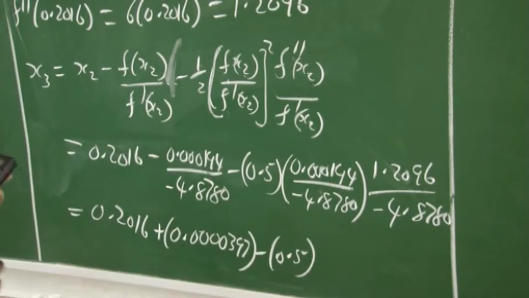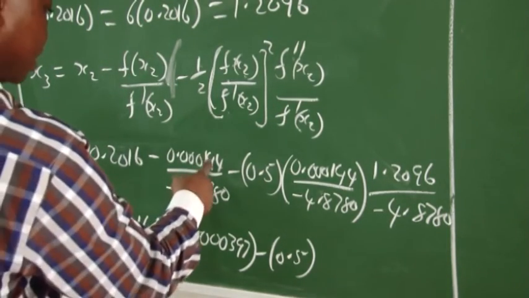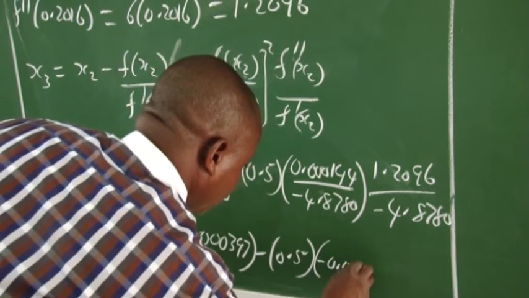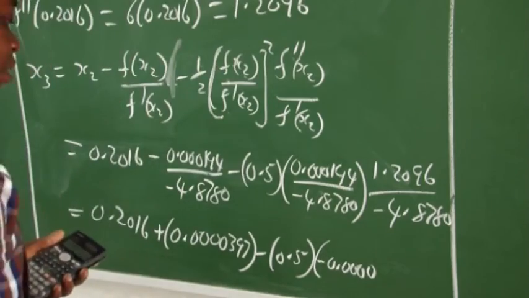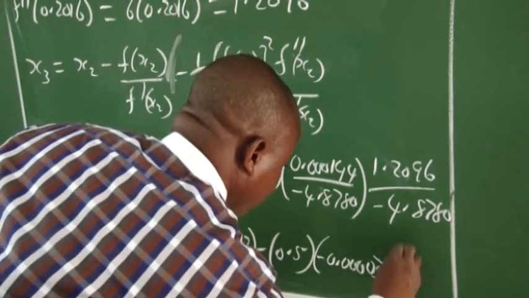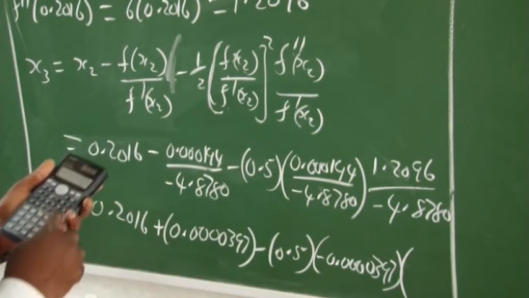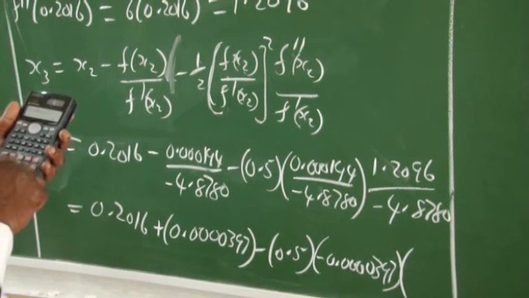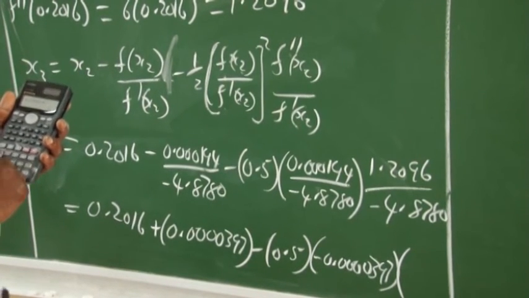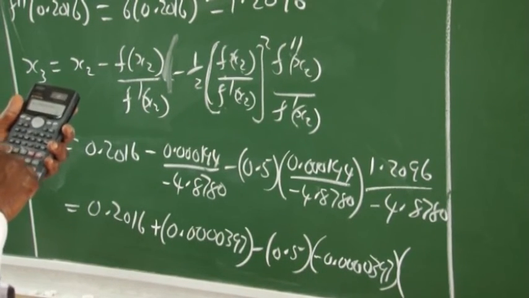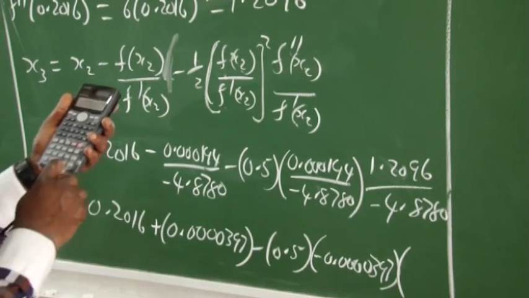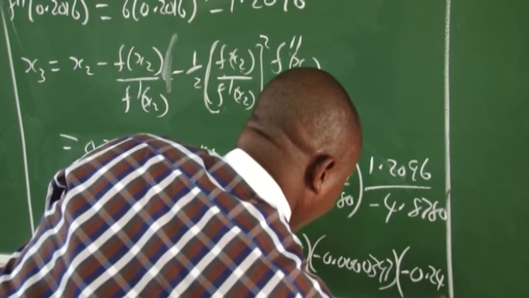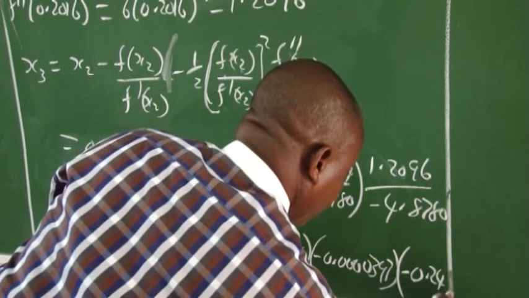Then here is the same thing as here, so we have minus 0.0000397 squared. Then here is 1.2096 divided by 4.8780. So this is minus 0.24479.